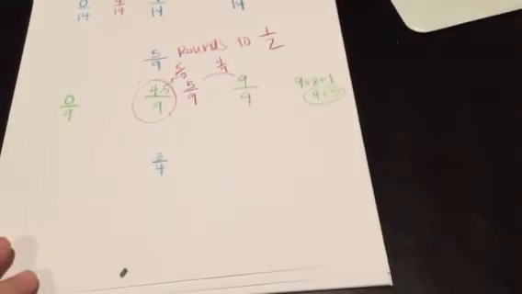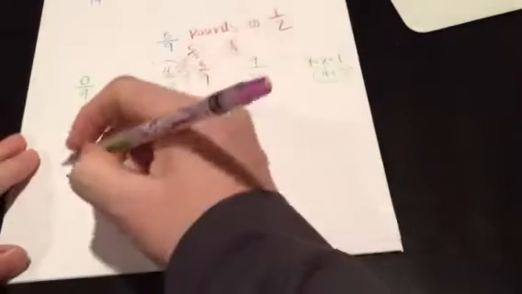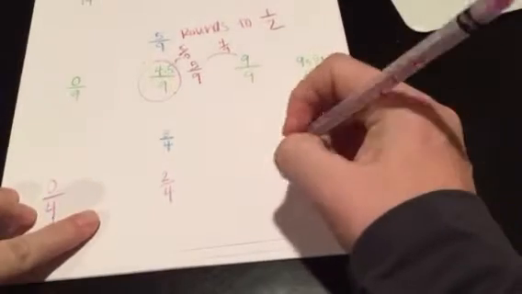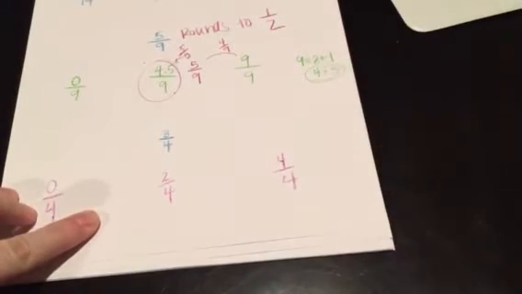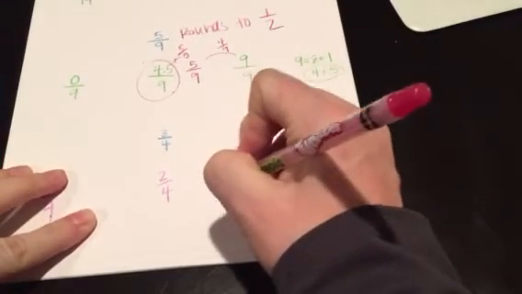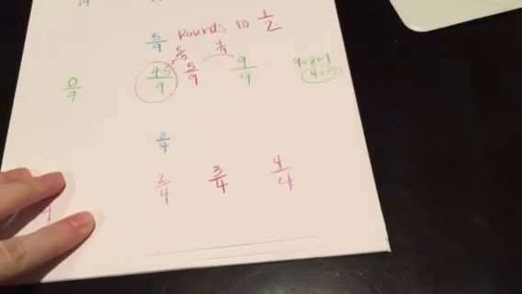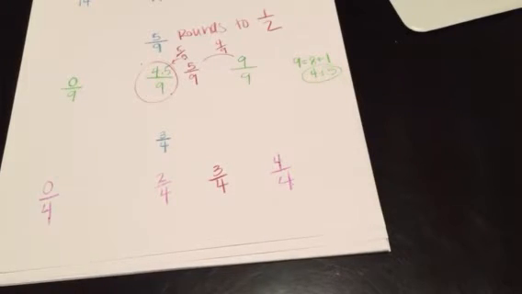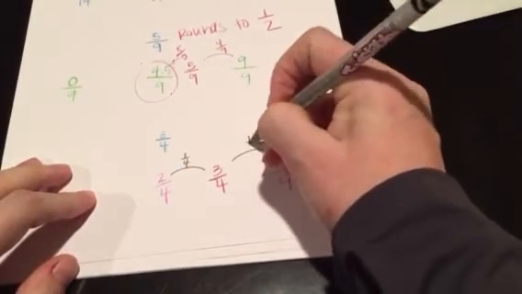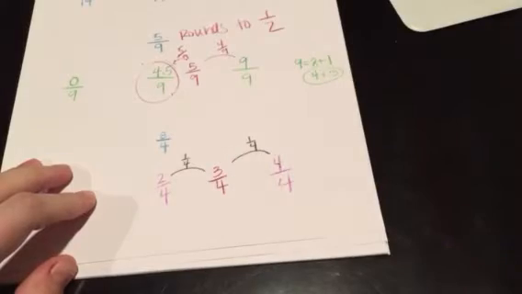So let's look at 3/4. And again, we're going to do the exact same thing. We're going to look at 0/4 representing 0, 2/4 represents the halfway point, and 4/4 represents 1 whole. 3/4 falls between 2/4 and 4/4. And if we look at the jumps, we can see that it is 1/4 away from a half, but it is also 1/4 away from 1 whole.